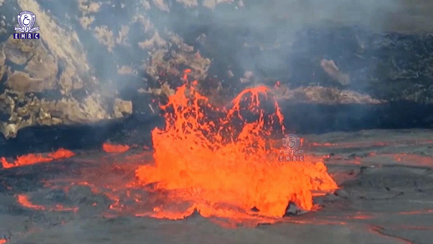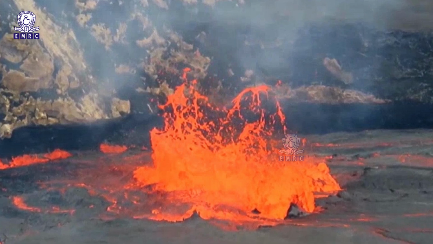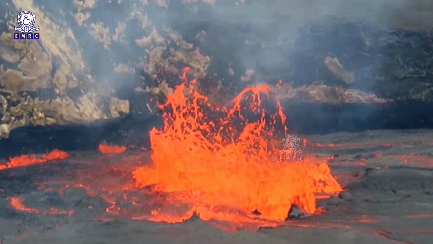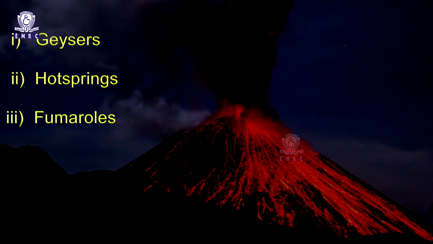In volcanic activity, lava and fragmental material are most commonly ejected as a part of volcanic eruption. In a few cases, the volcanic eruption is only in the form of hot water or gases. The features associated with such volcanic activity include geysers, hot springs and fumaroles.